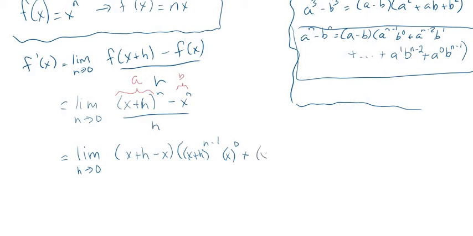It's going to be x plus h, and then we go down by 1, so n minus 2, and our b, or x in this case, goes up by 1. And we continue that pattern until we get to the end, where we get (x plus h) to the power of 1 times x to the power of n minus 2.